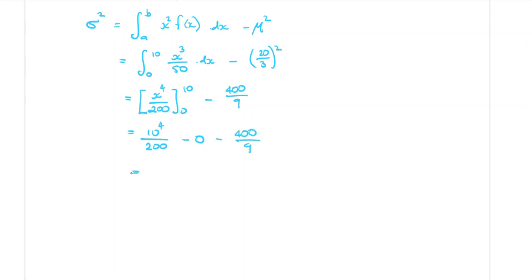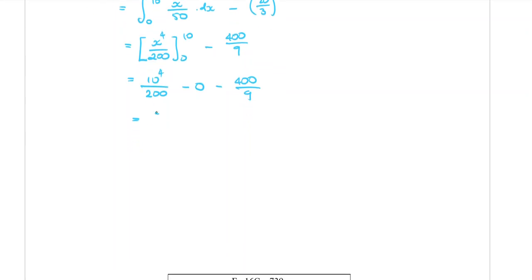Did you guys get an answer? Yes, I see nods. What did you get? 50 over 9, and you remembered to square root it to get standard deviation. So the square root of 50 over 9 in rationalized denominator exact form is 5 root 2 over 3. Beautiful. It's not too bad.